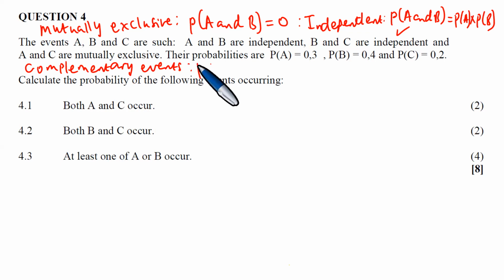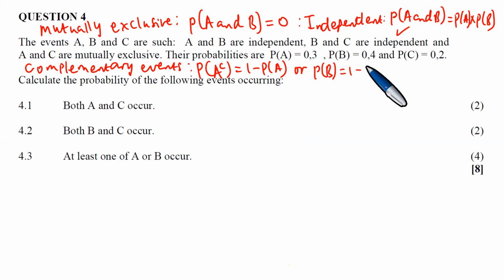In other words, the probability of A complement is 1 minus the probability of A. So you can say the events are complementary if the probability of B is 1 minus the probability of A. So A and B are complementary events.